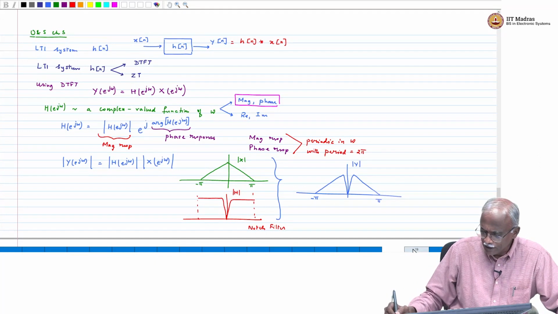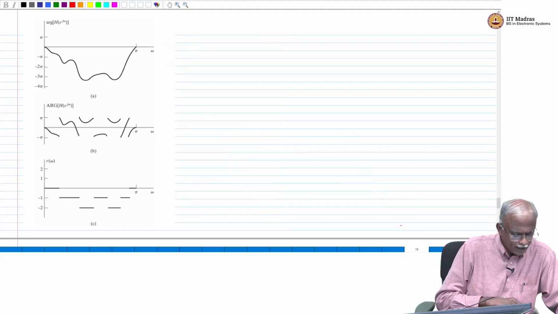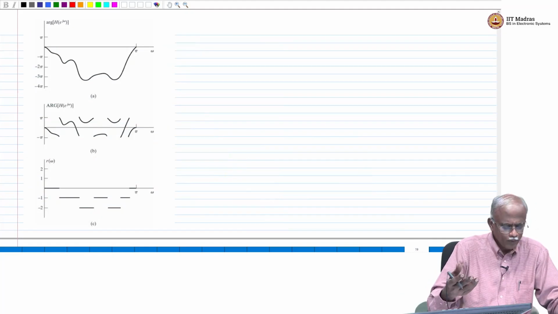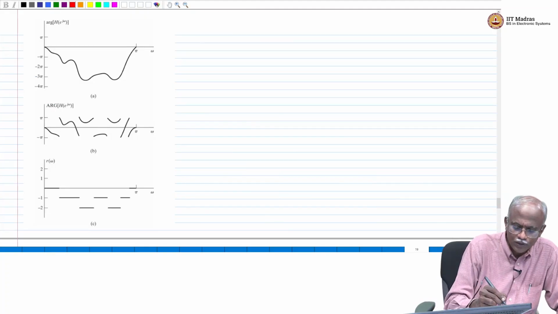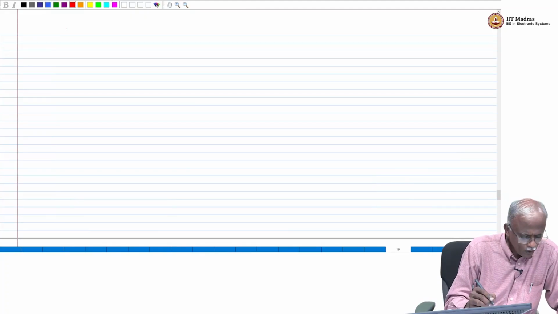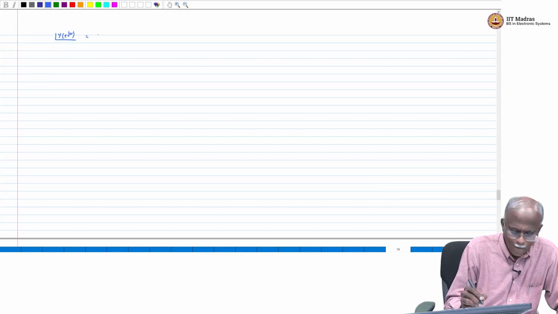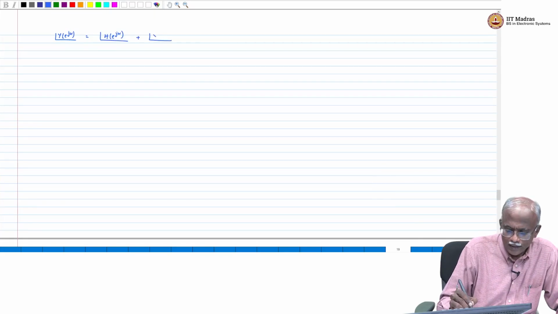Now, in the same manner, you can also recognize that the phase will also get affected. So, just like we saw the magnitude, we can also say that the angle of Y(e^{jω}) will be the angle of H(e^{jω}), the argument of that, plus the angle of X(e^{jω}).